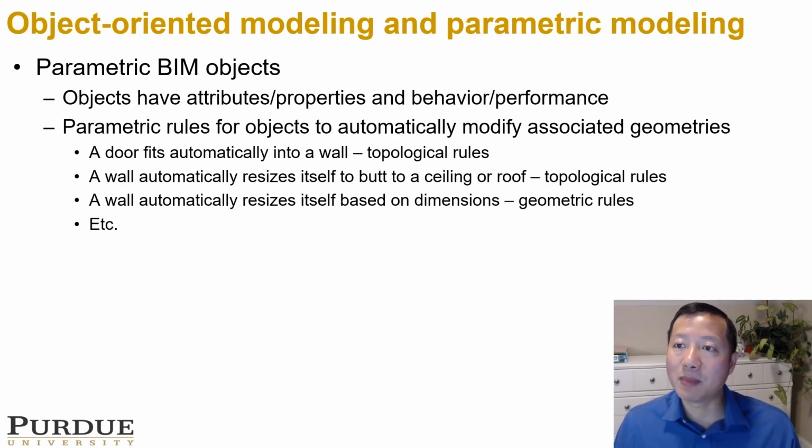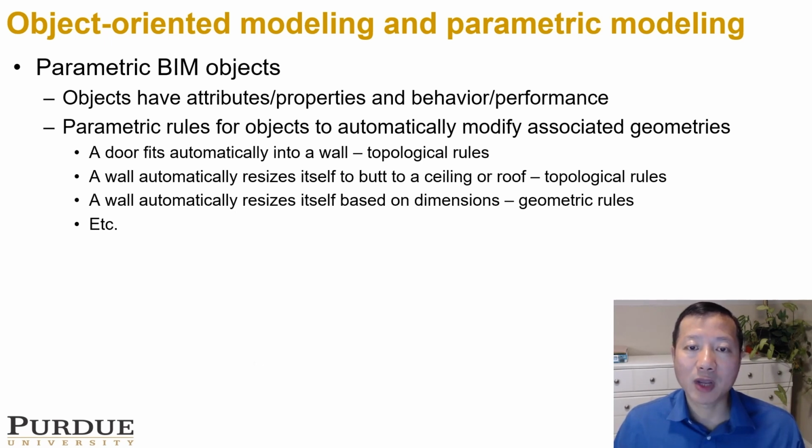So object-oriented modeling and parametric modeling, right? These are also very important. These are actually the essential concepts behind modern-day building information modeling. So when we talk about parametric BIM objects, first of all, your objects have attributes, properties, and behavior and function or performance. Similar to us human beings, right? We are also objects, but we are human objects.